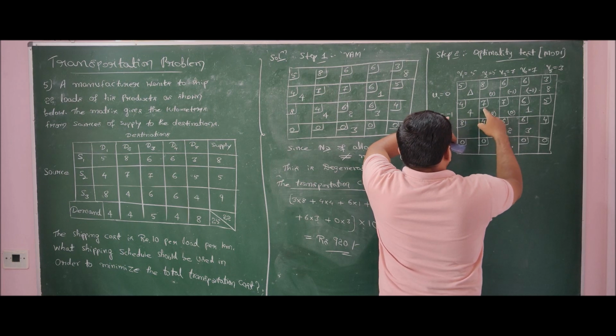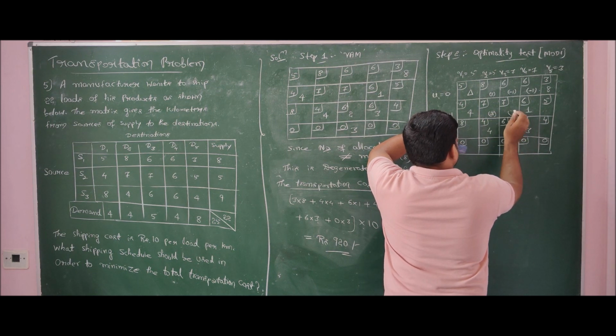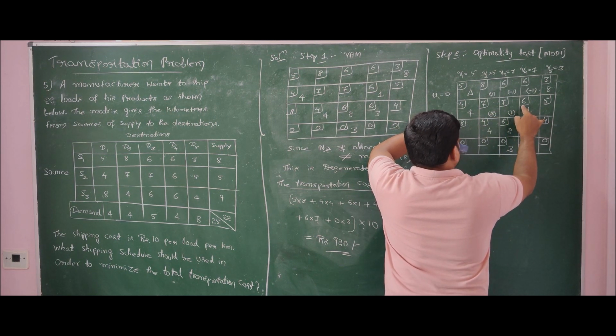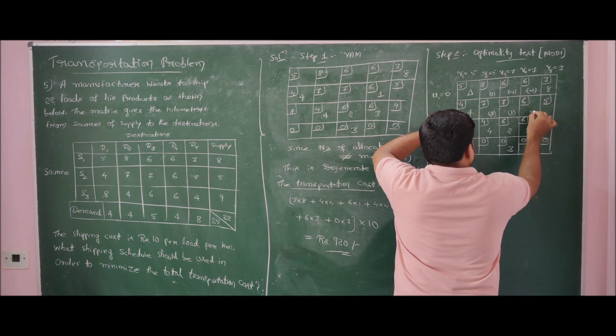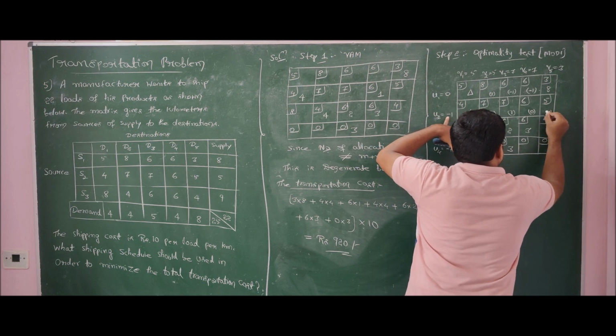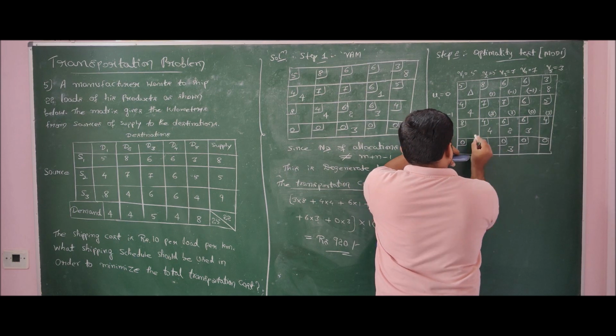So it will become 7 plus 1, 8, 8 minus 5 is plus 3, 8 minus 7 is plus 1, 6 plus 1, 7 minus 7 will become 0, 5 plus 1, 6, 6 minus 3 is 3. Next coming here, 8 plus 1, 9, 9 minus 5 is 4.